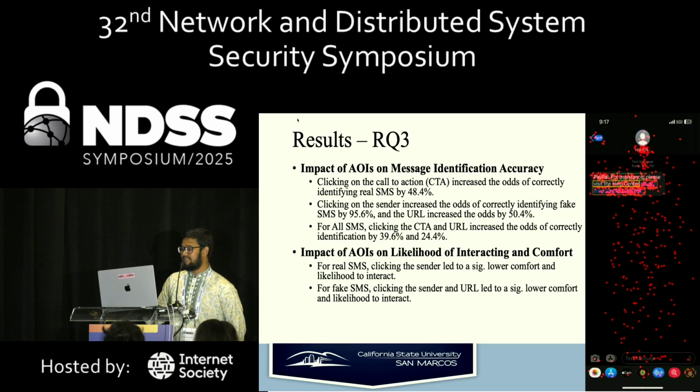Clicking on the sender increased the odds of correctly identifying fake SMS by 95%. The call to action and URL also have significant odds. We also checked that for real SMS, clicking on the sender led to significantly lower comfort and likelihood to interact.